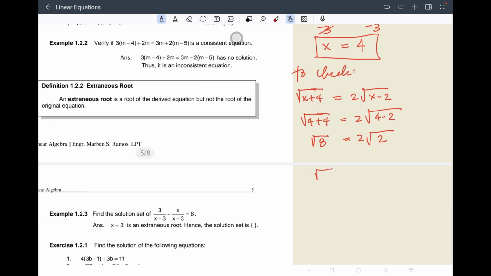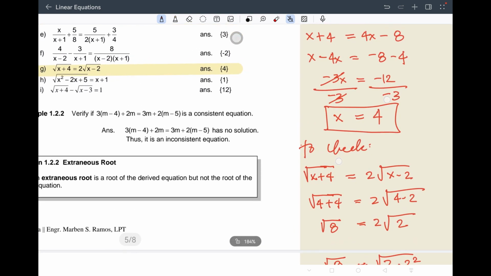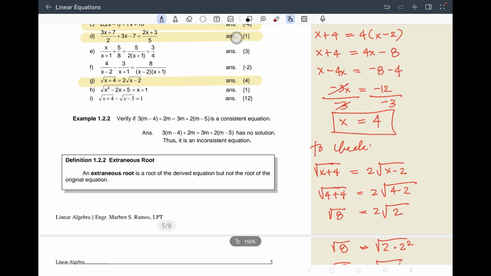Again, square root of 8 equals, pwede nating ipasok yung 2 sa loob ng radical sign. This will just be 2 times 2 is squared. Square root of 8 is equal to square root of 2 times 4. Square root of 8 equals square root of 8. Therefore, our answer, x is equal to 4, is correct.